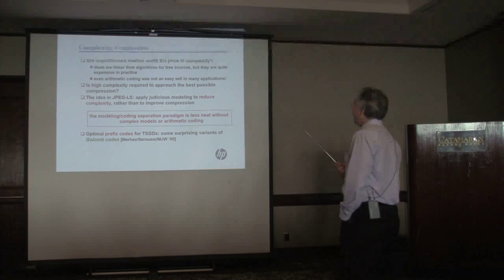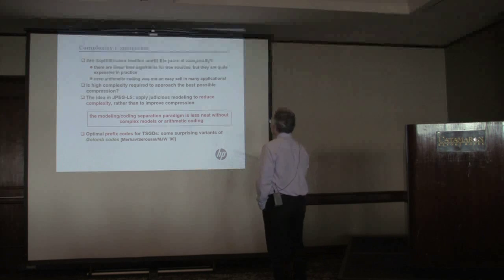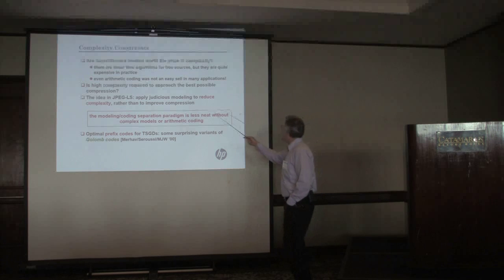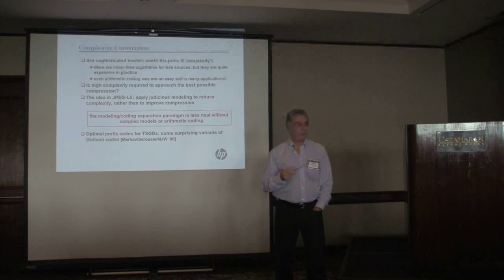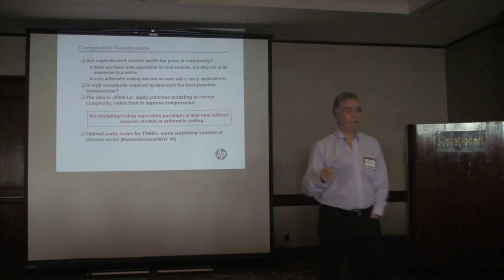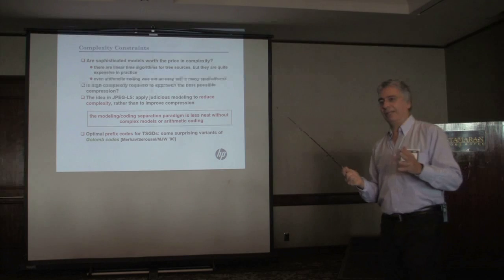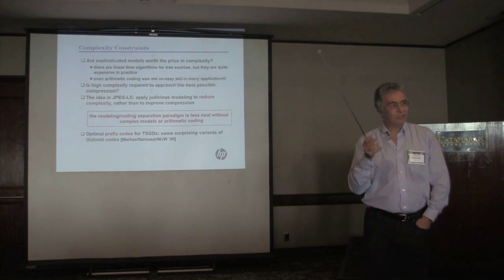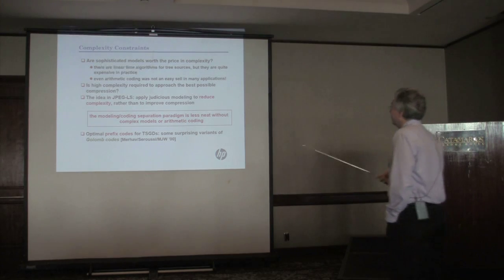The idea we tried to apply in JPEG-LS was to apply judicious modeling, not to improve compression, but to reduce the complexity. Can we achieve the same compression that you were getting with very complicated arithmetic codes and very complicated models, with very simple ideas, by really understanding what is behind these models? And I think we succeeded.